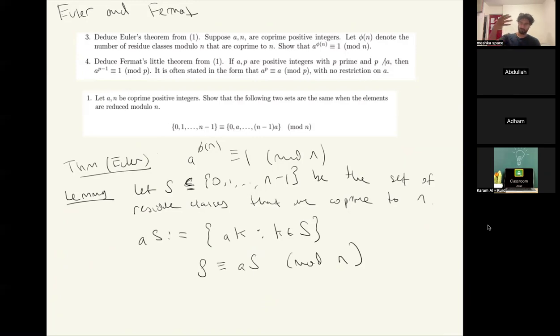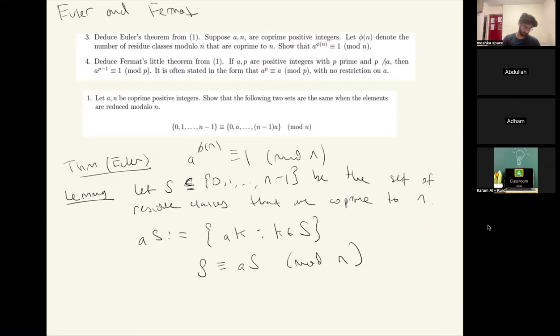So if you take the residue classes that are coprime to n, and multiply them all by A, where again it's important that A is coprime to n, the lemma is that it's still the same. It's still just the coprime residue classes.